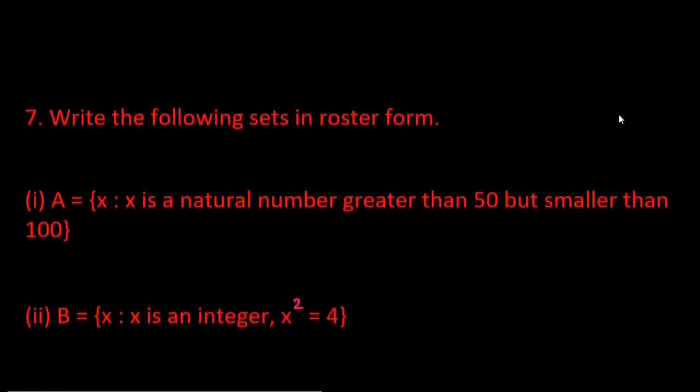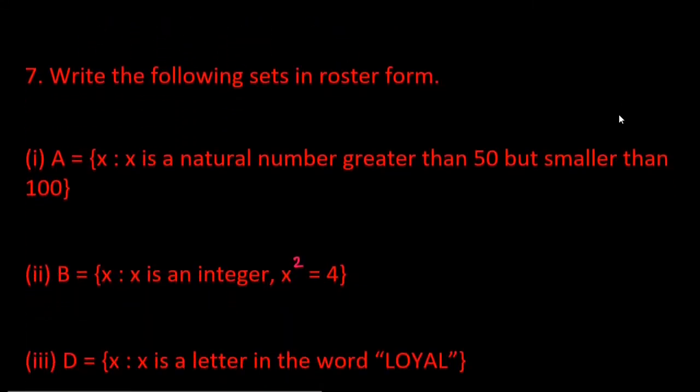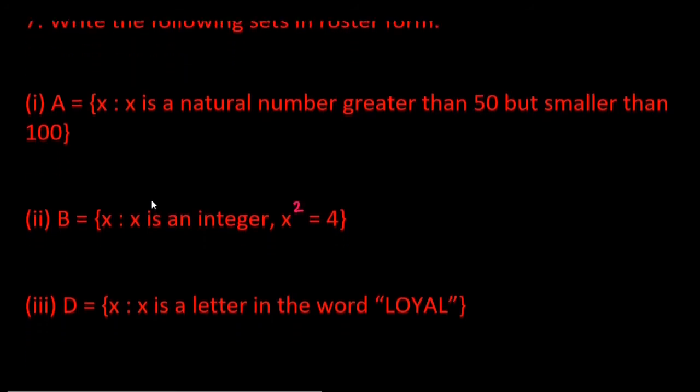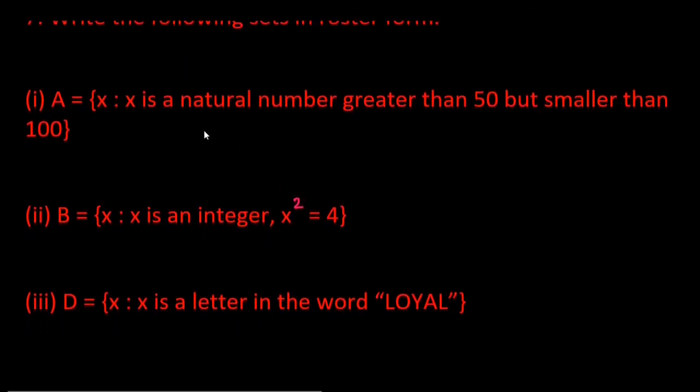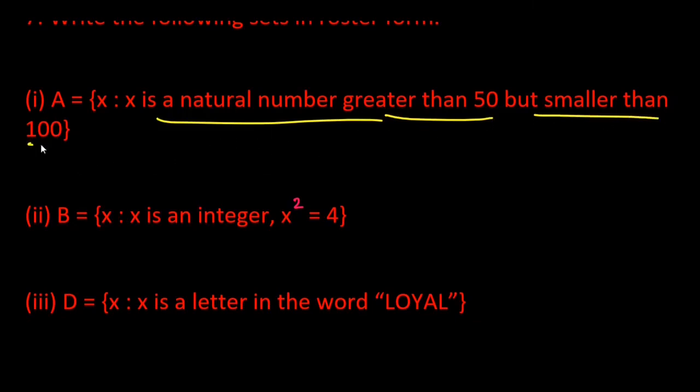Now the seventh question, write the following sets in roster form. Here set builder form is given. We have to write in roster form. First one, A is equal to the set of all x such that x is a natural number greater than 50 but smaller than 100.